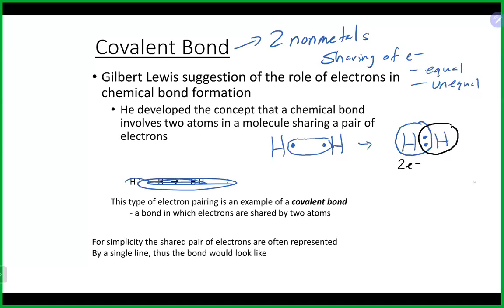And since it also counts for the one on the right, the hydrogen on the right ends up with, and dare I ask the question, who on the periodic table has 2 electrons? Helium, yeah? So by sharing electrons here in the covalent bond, each of those hydrogens is able to achieve the noble gas configuration of helium.